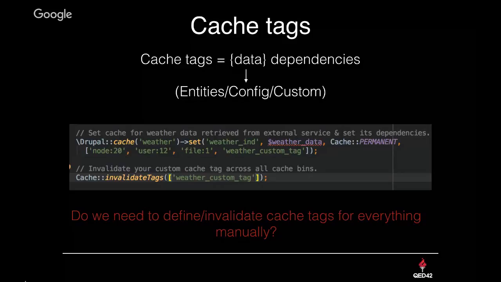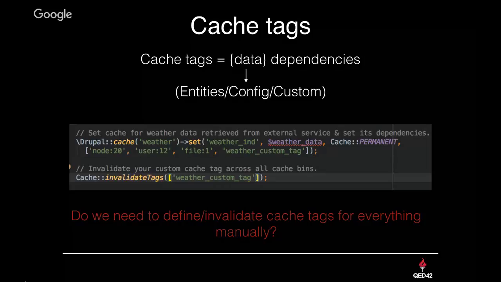So we're saying that if anything related to node:20 or user:1 or file:1 or weather custom cache tag change, invalidate the cache data for weather_ind. So we'll see how it internally does that in a couple of minutes probably. But yeah, you can tag your data with cache tags, and whenever anything related to these cache tags change, your cache data will get invalidated.